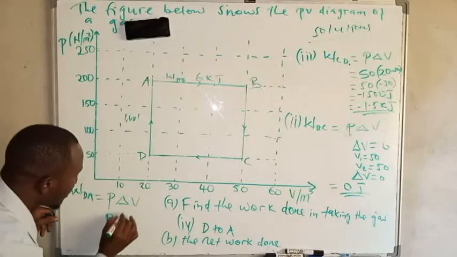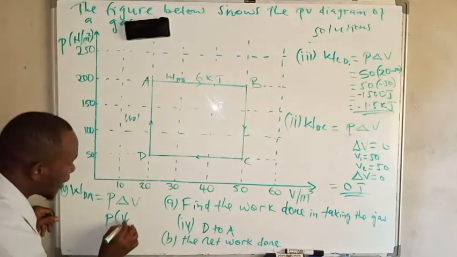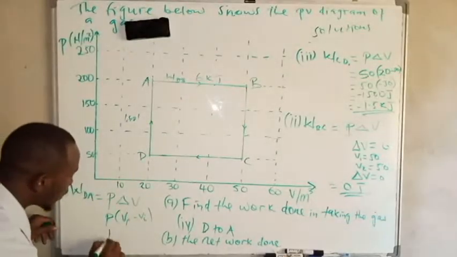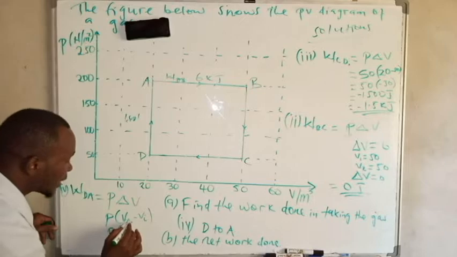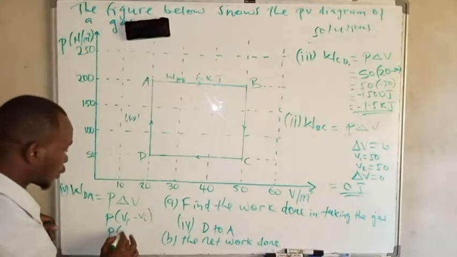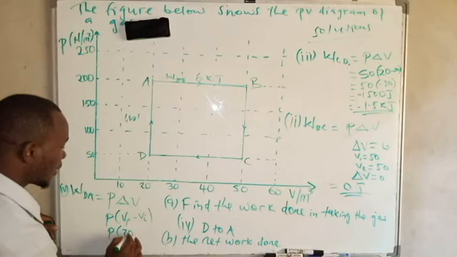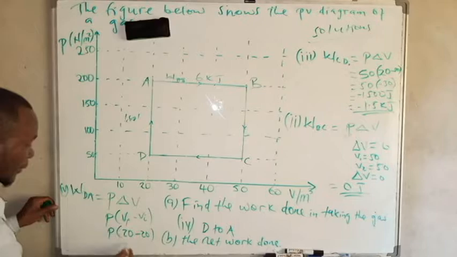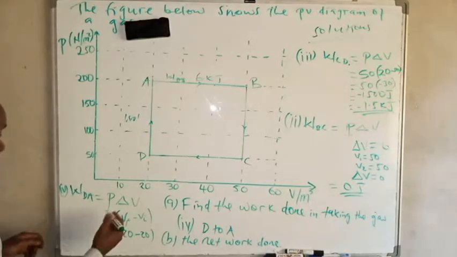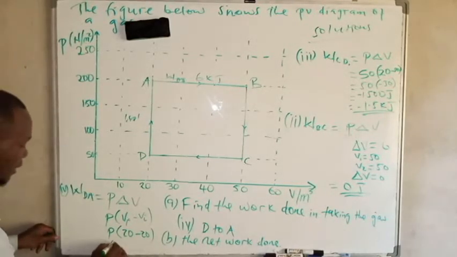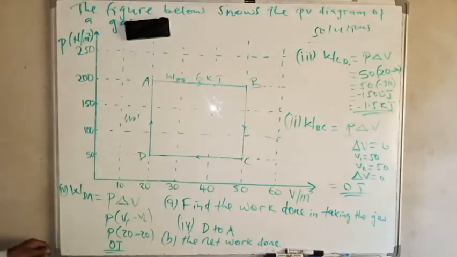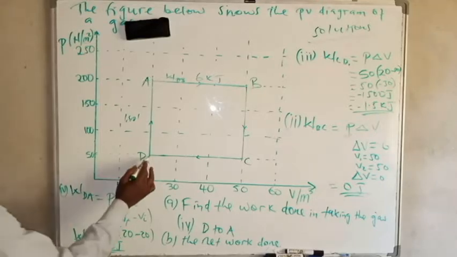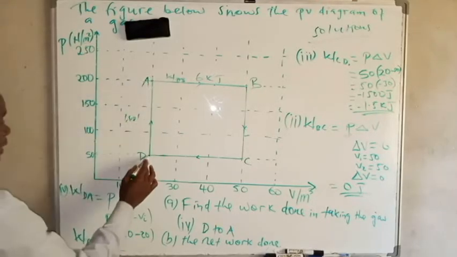So we have P times V final minus V initial, which is the case even for the ones we've done. Here we have 20 minus 20, which is 0. So 0 times the pressure gives 0. The work done in moving from D to A is 0.